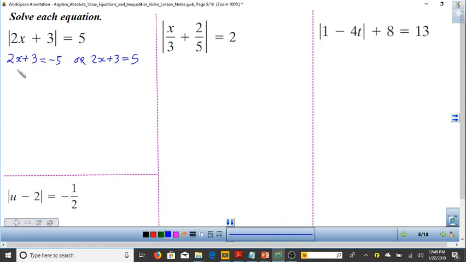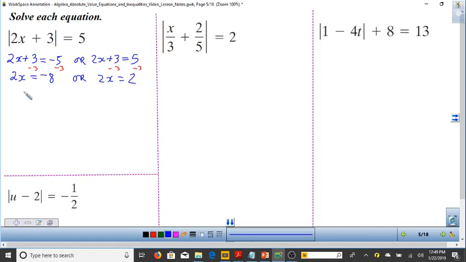Now we solve each part. We subtract 3 from both sides, and we then divide by 2. So when we subtract 3 from both sides, we get 2x is equal to -8, or 2x is equal to +2, because we've subtracted 3 from both sides in both equations.